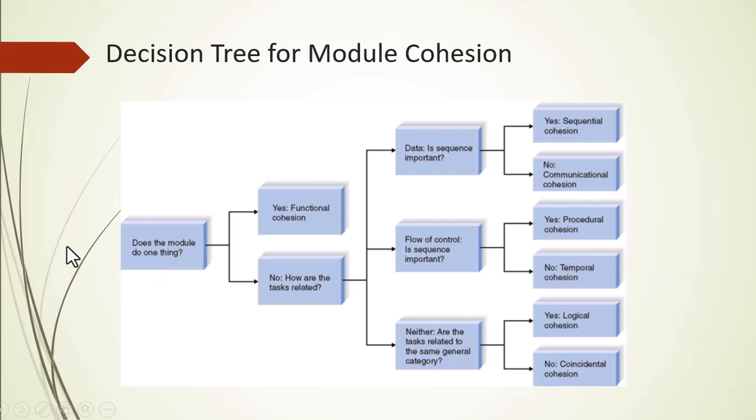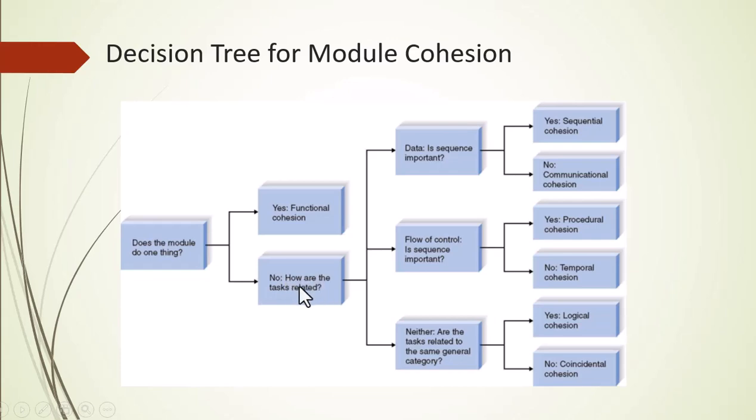This means does the module perform one thing? If yes, it is a functional cohesion. If no, if the module is not doing one thing, this means it is no.